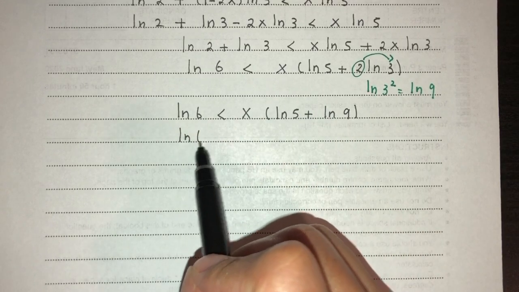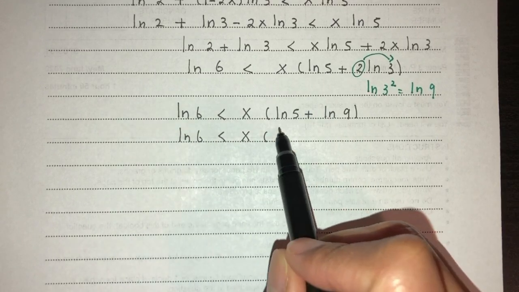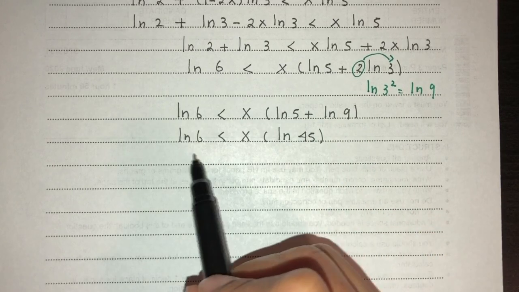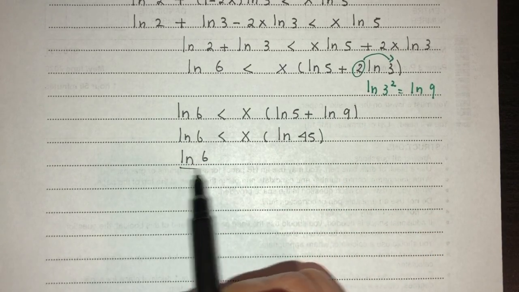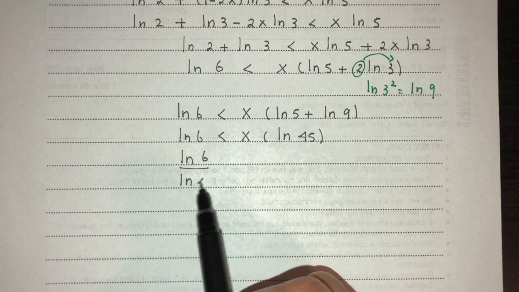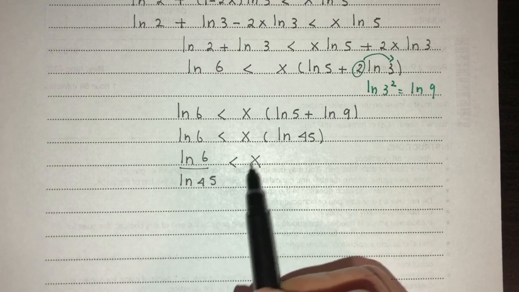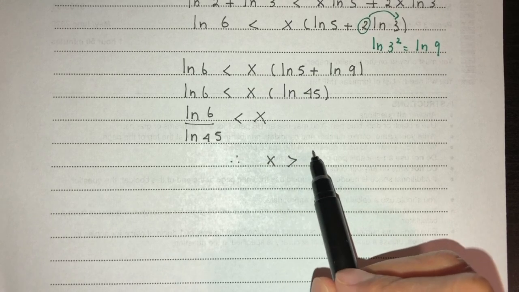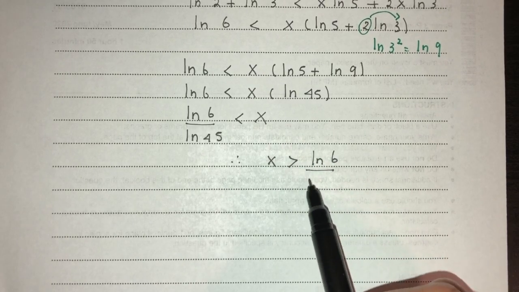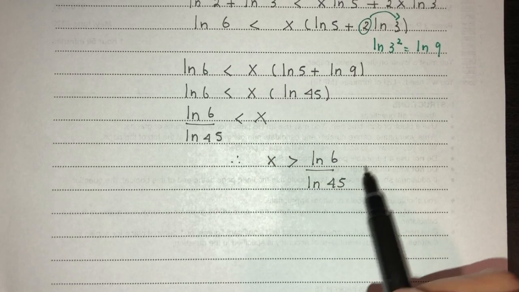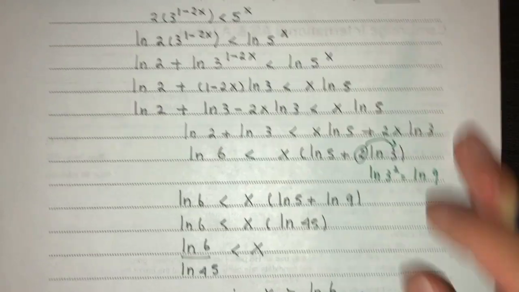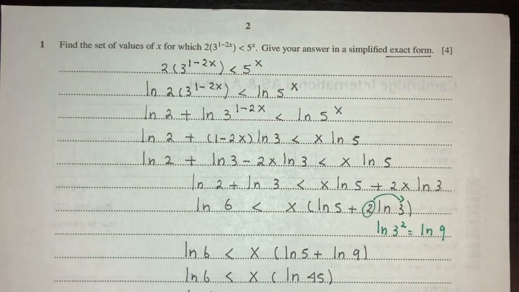You'll have ln of 6 less than x times ln of 5 times 9, which is 45. So in that case, ln of 6 less than x ln of 45, or you can write this down as x is more than ln of 6 over ln of 45. And that will be your answer for question number 1 in exact simplified form.